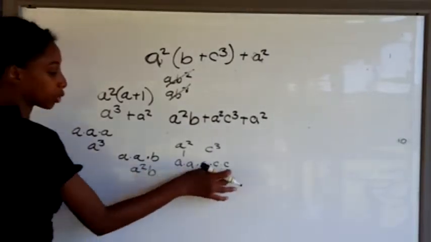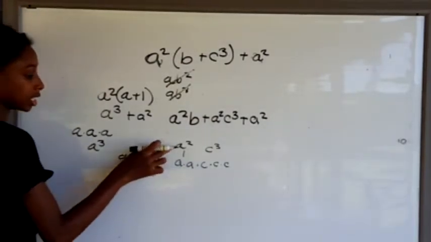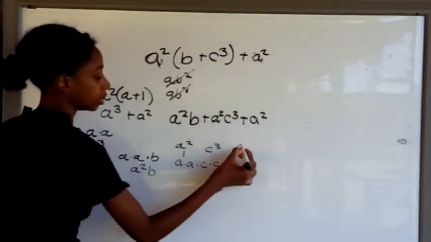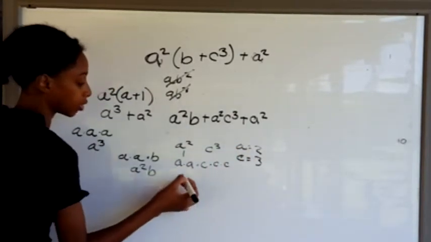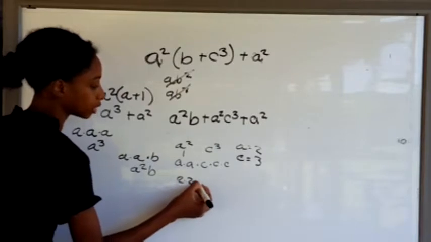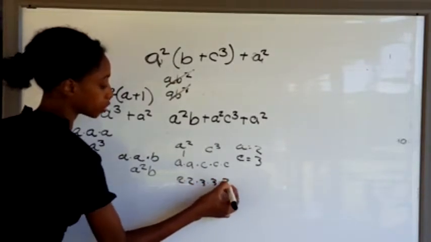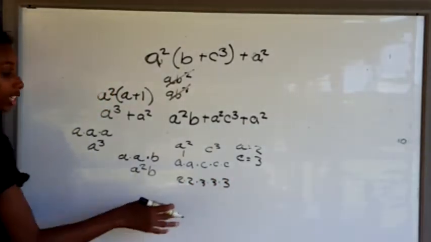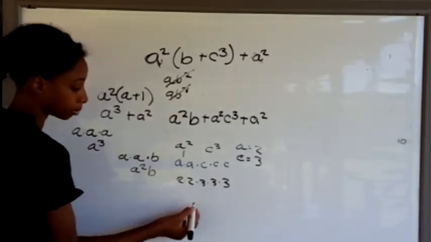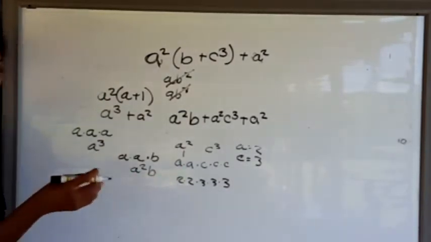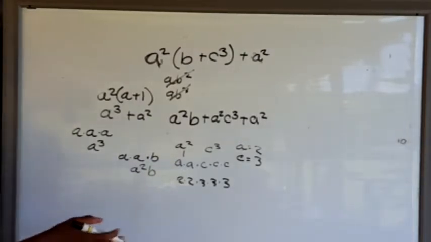Because imagine if these were numbers. Let's say a equals 2 and c equals 3. That would be 2 times 2 times 3 times 3 times 3. So you can't just say 2 times 3 to the 5th power. This is expanded form. What's the other word?